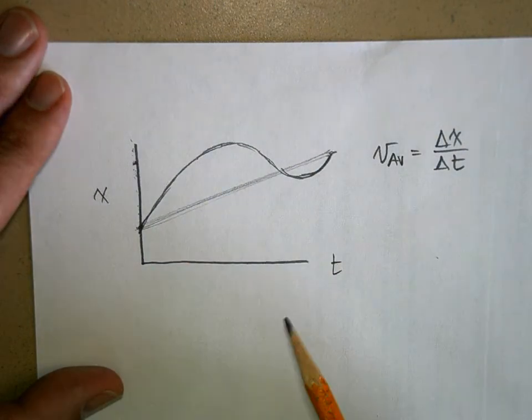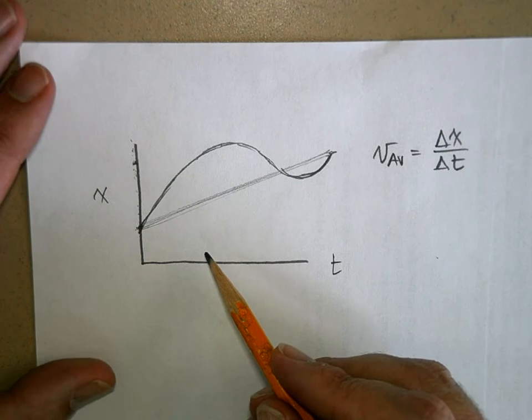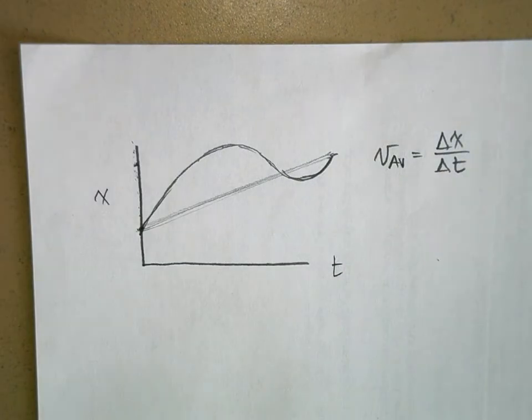So my average velocity is an idea of how fast am I going averaged out over the whole time period. But what if you want to know how fast am I going right now? At an instant in time. Well, this is the velocity that you're used to, right?